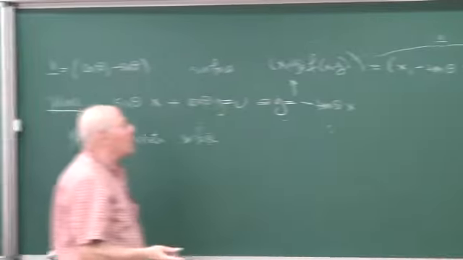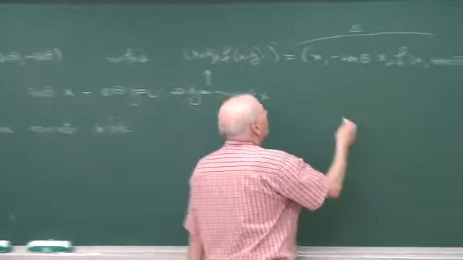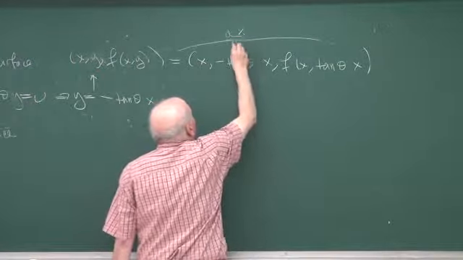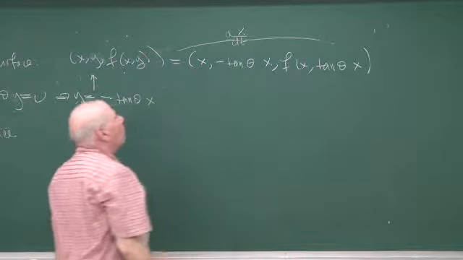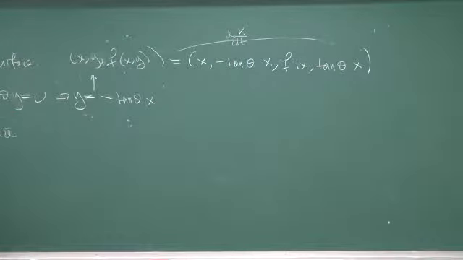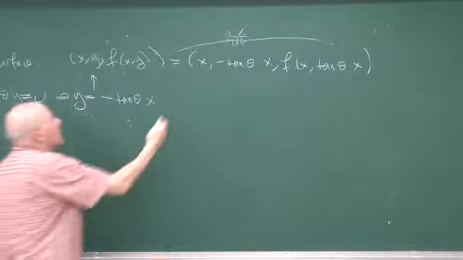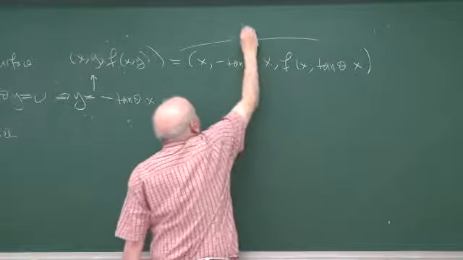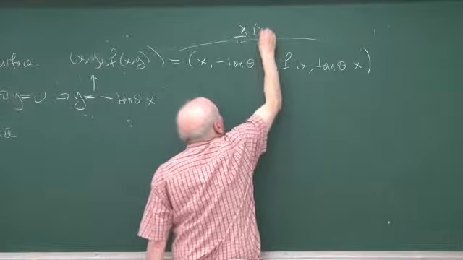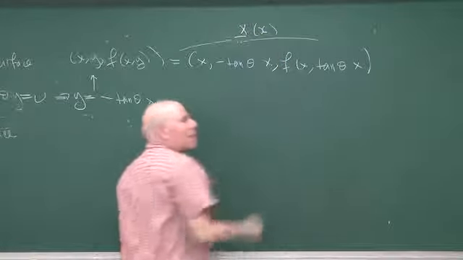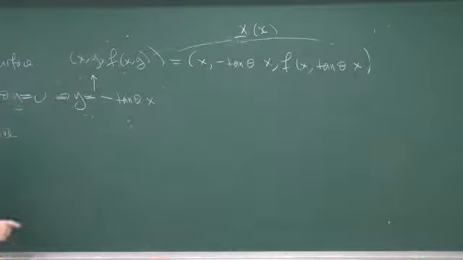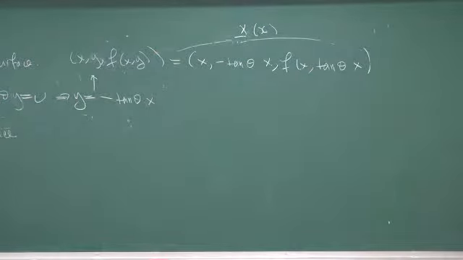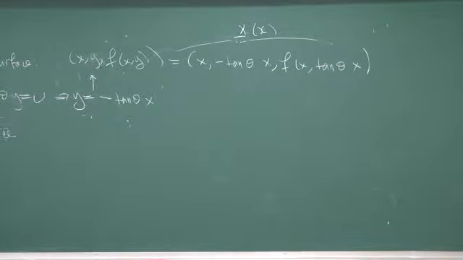First I have to find dx/dt, for any parametrization. This time it's vector x of t, but parametrized by little x, because as little x moves, I'm getting the points on the curve.